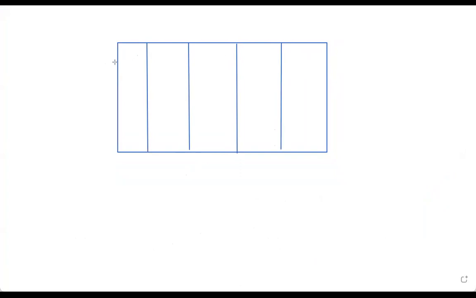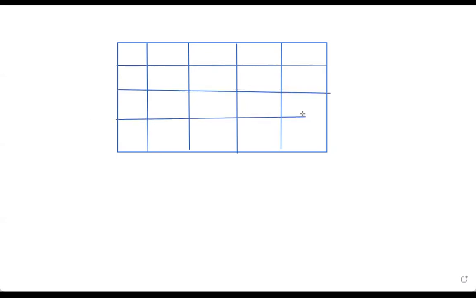Then we also have row 1, row 2, row 3, and 4. Let's assume we have a data set represented as a table. Then the rows will be the samples, and the columns are the attributes.